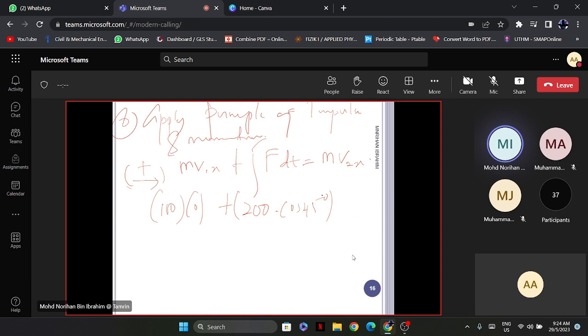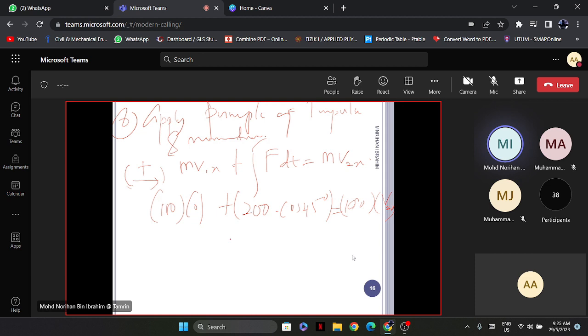So it's equal to m, which is 100 kilo, multiplied by V2x.